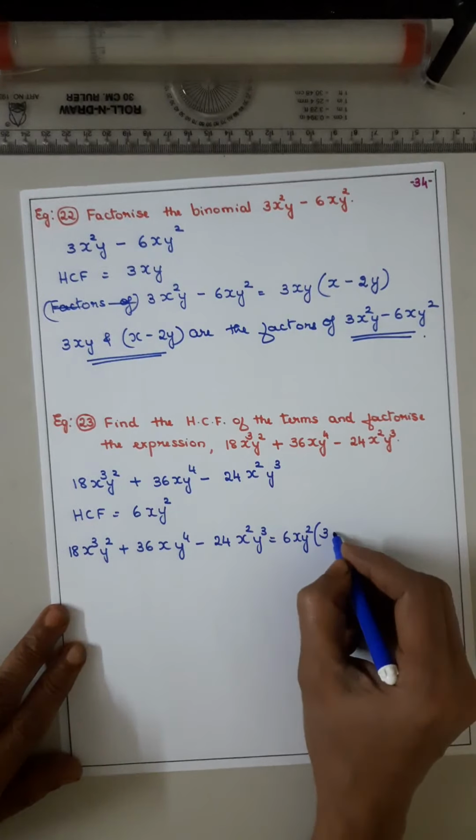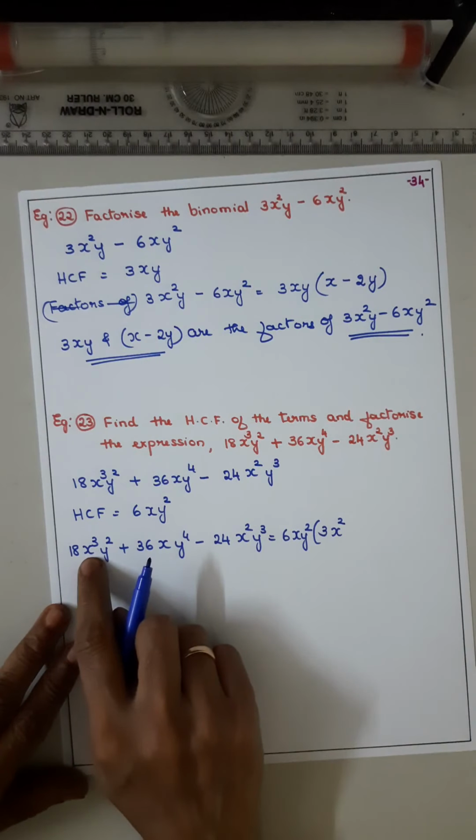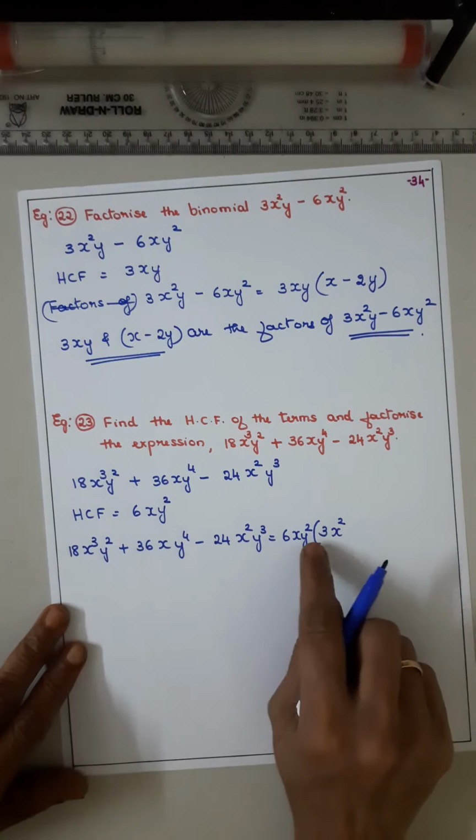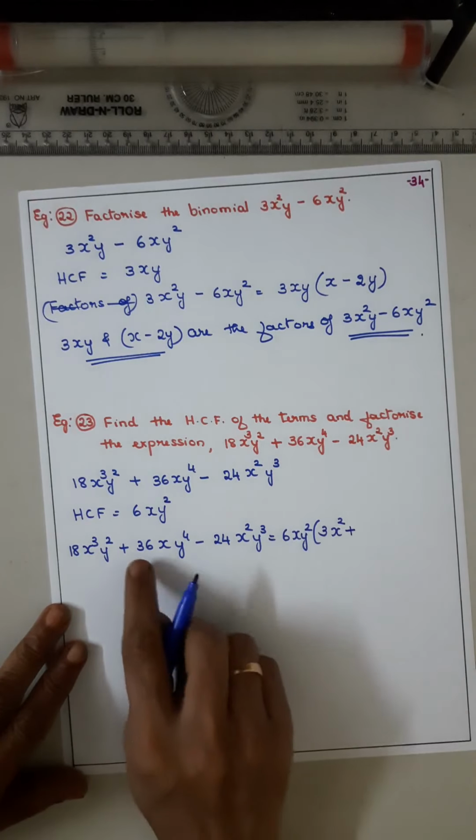Now 2 is remaining. In cube, 1 is taken so 2 remains. y squared already it is written. So finished. Now put the sign.